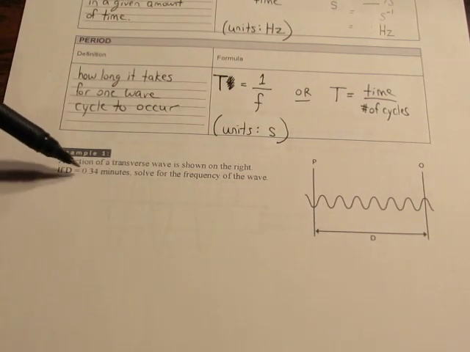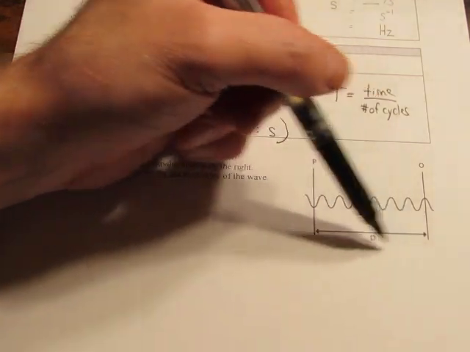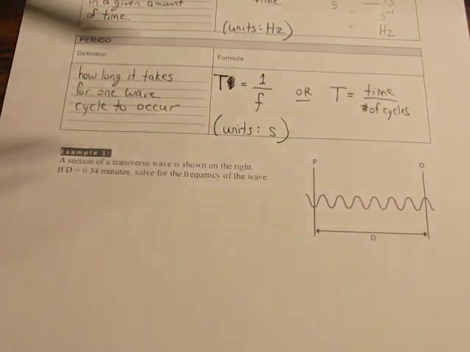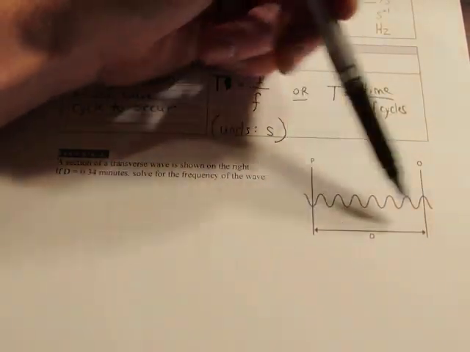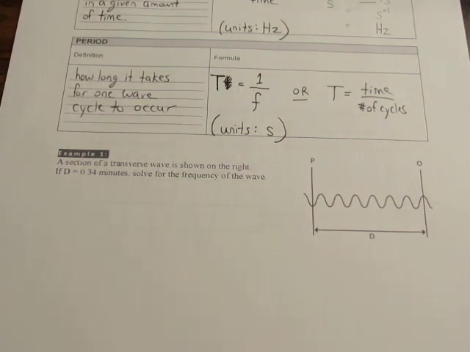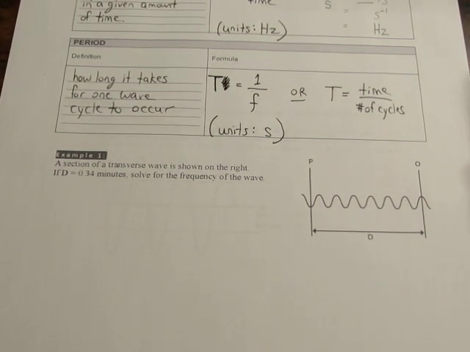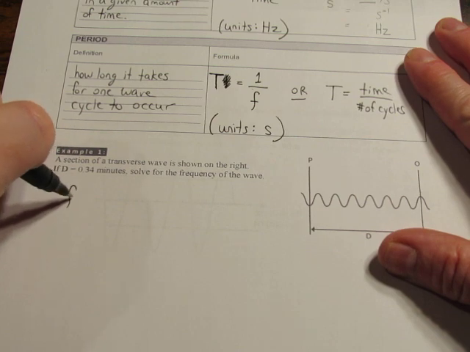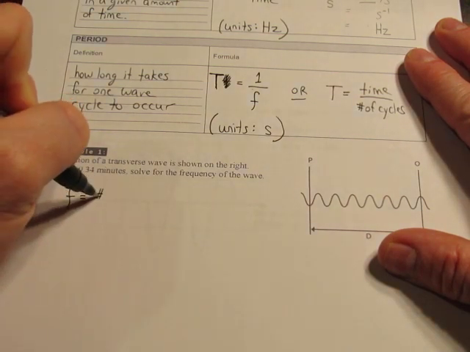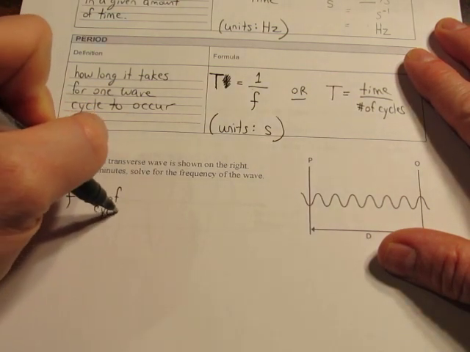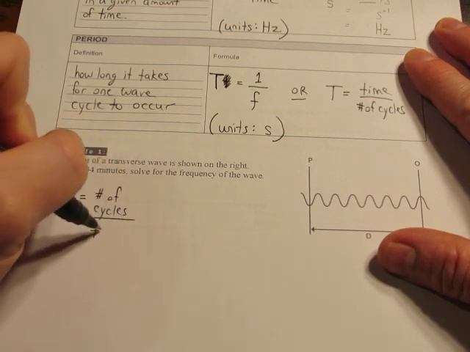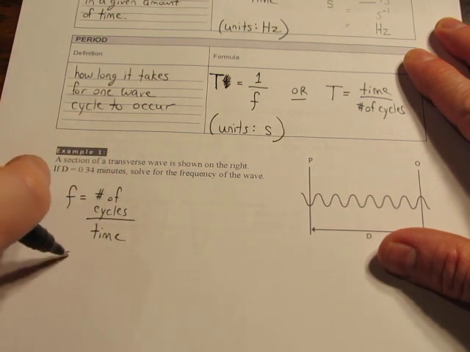If D equals 0.34 minutes, so I guess there's time shown on the bottom here. If this is sort of a snapshot of a wave that is 0.34 minutes long, solve for the frequency. Okay, so you only have one formula for frequency. Frequency equals number of cycles divided by time. And time has to be in standard metric units.